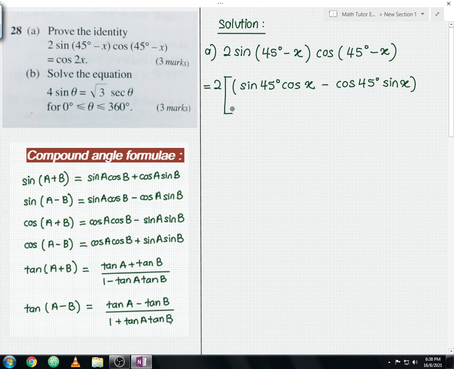So from here, in a bracket, cos 45° cos x plus sin 45° sin x.